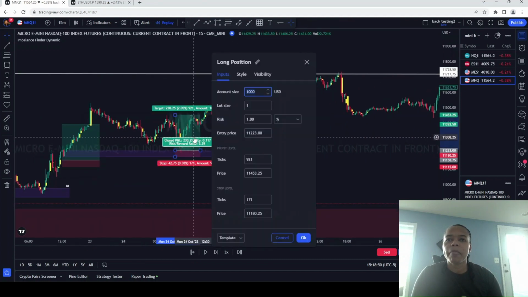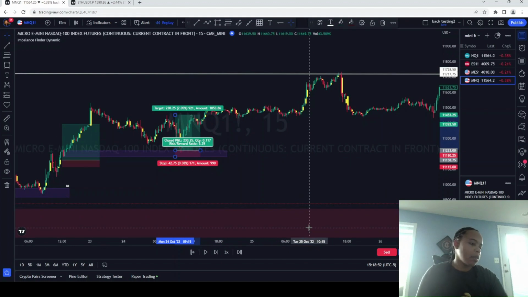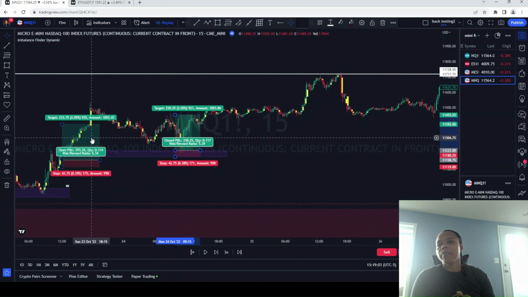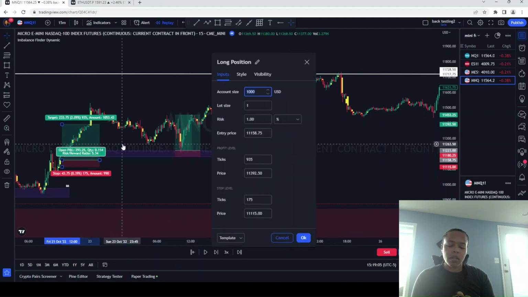Look how quickly. 921 ticks. I mean, on the micro, 921 times 50 cents. It's $461 now. Boom. On a micro. And I assume this is something similar, 935. That can't be right.